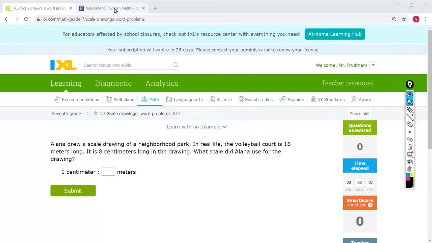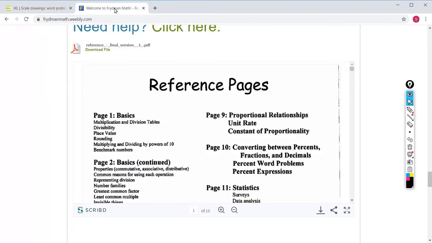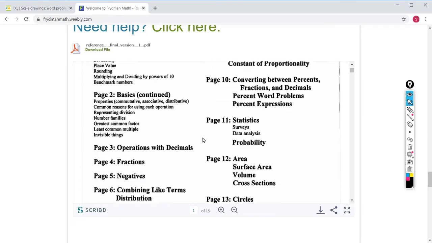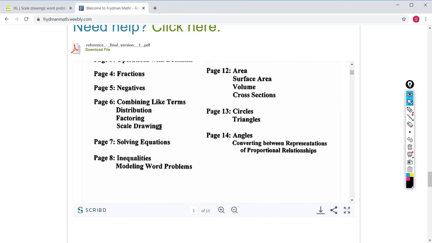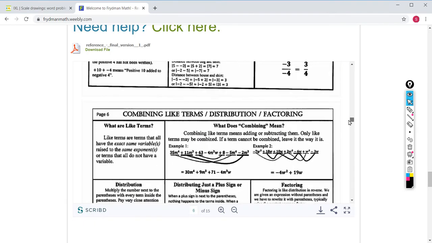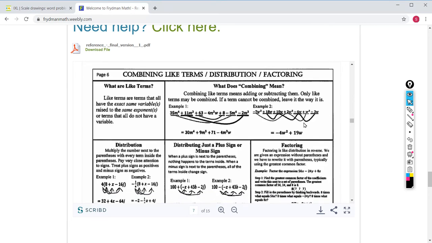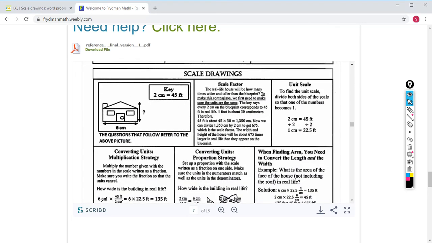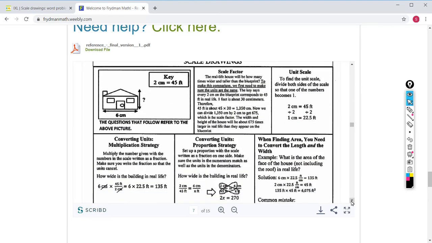All right, so before we do that, let's look at Frydman Math. And scale drawings is on page 6. So we can scroll down to page 6, and scale drawings is right over here. I'm not going to read this entire thing right now, but I'll jump back to it as we do the exercises.